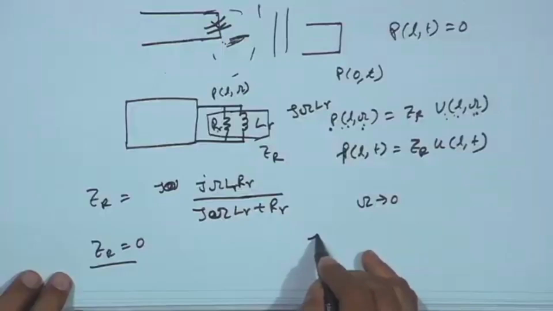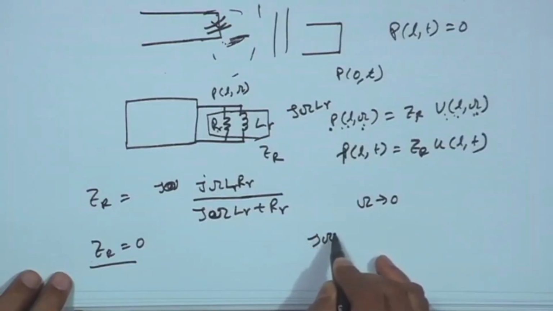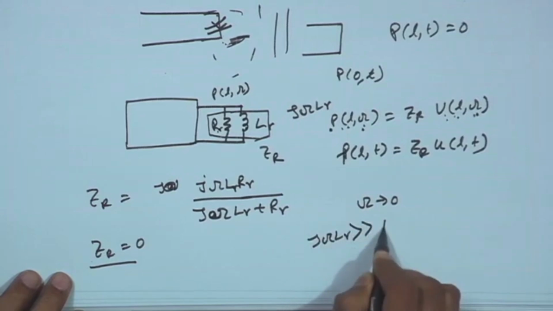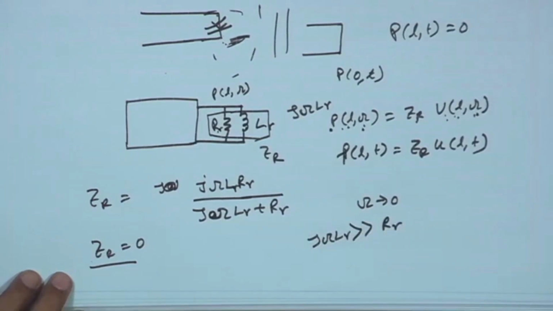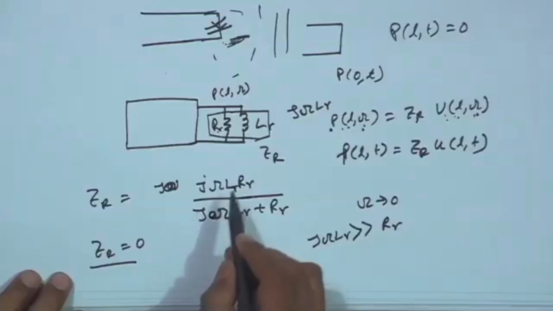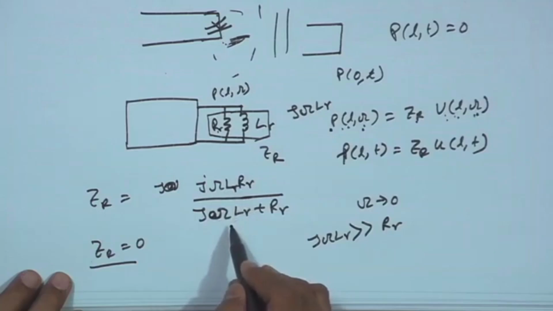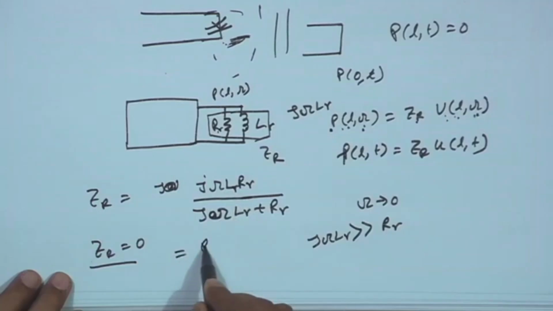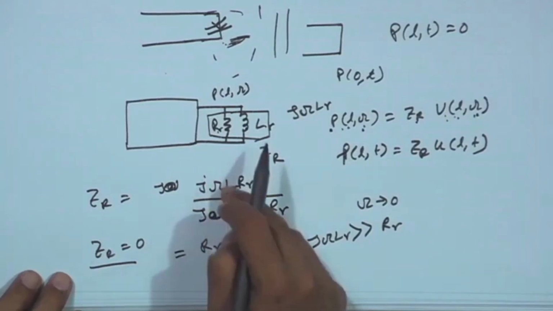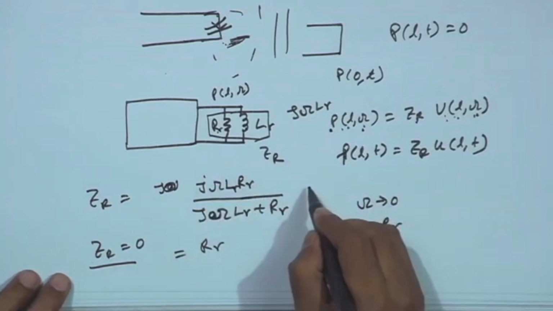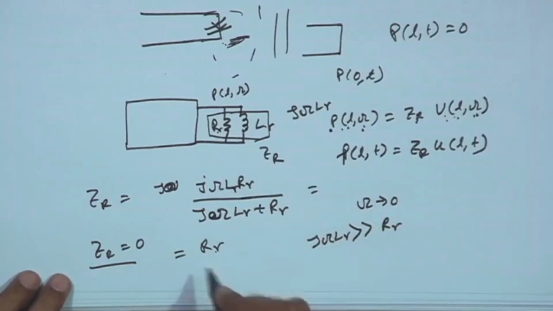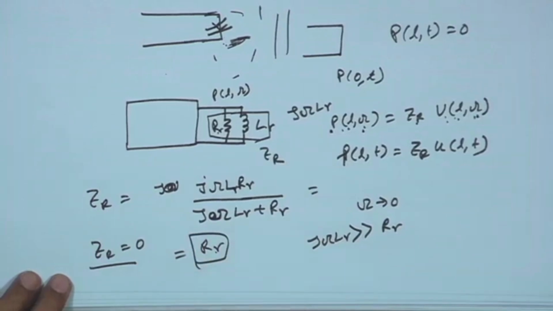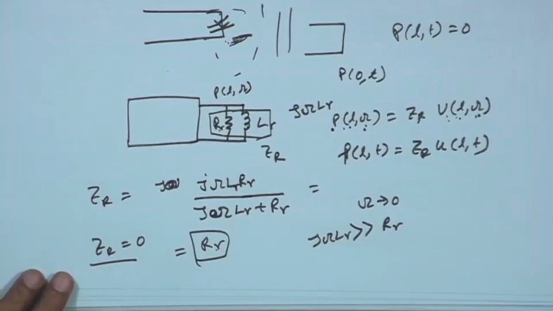Now, if omega L_R is much greater than R_R at high frequency, then j omega L cancels and Z_R is nothing but R_R. So, the load is totally resistive. The radiation load is resistive, which means there is a loss, the radiation loss.